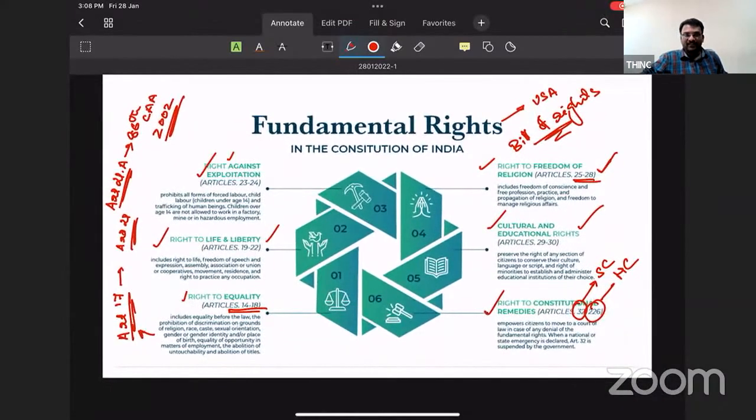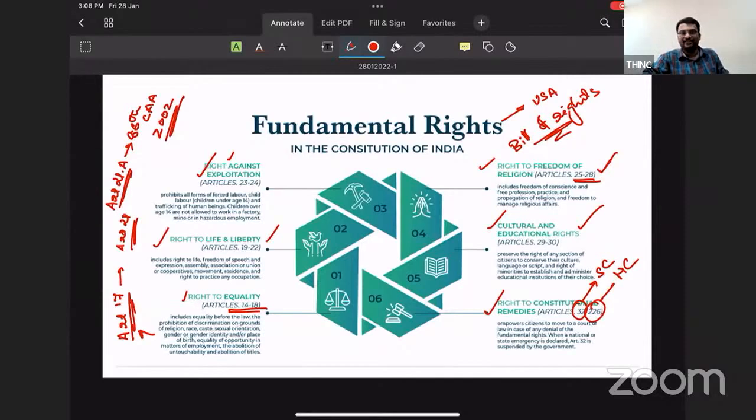If anything violates the fundamental rights of the citizens, the Supreme Court or a High Court will provide writs; they have writ jurisdiction. You may be familiar with habeas corpus, a very famous name through the movies. Habeas corpus is a writ, meaning bring the body. They have to bring the body of the person who is detained unauthorized.